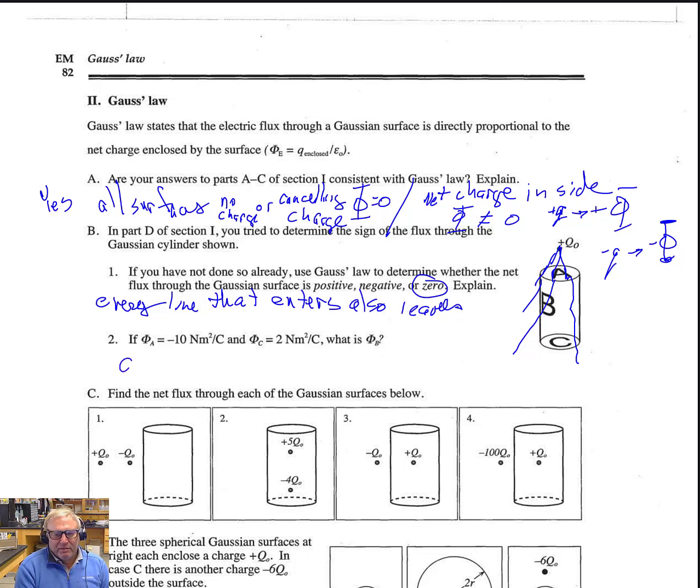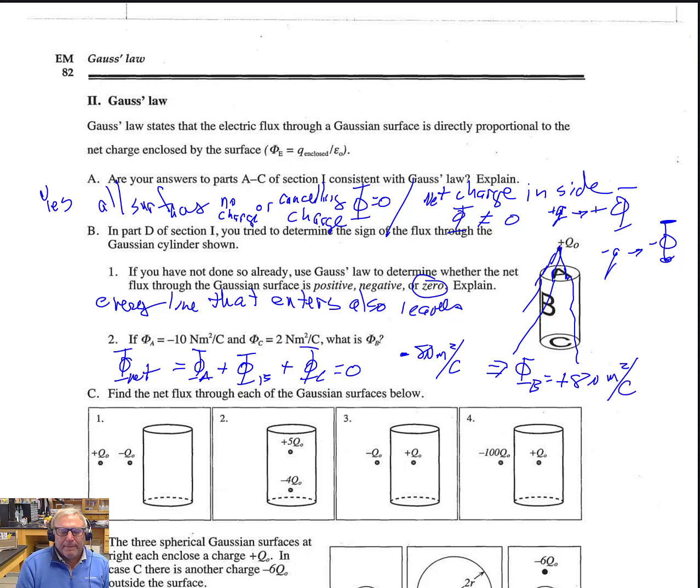So that means that the net flux equals flux A plus flux B plus flux C equals 0. So if I add together A and B, I get negative 8 Newton meters squared per coulomb. This implies that flux B equals plus 8 Newton meters squared per coulomb.